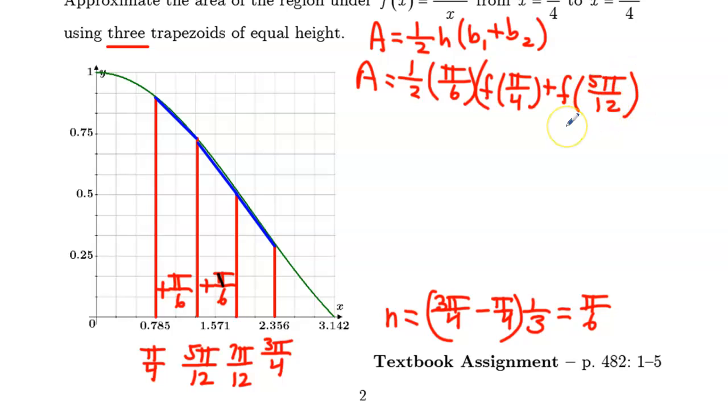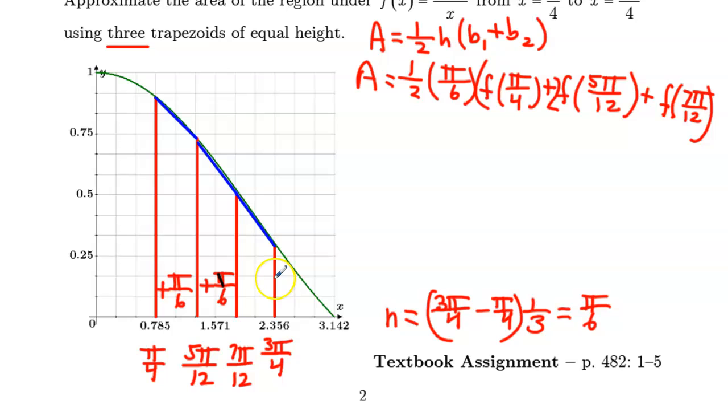From doing a trapezoidal approximation previously, I know that when I go to the second trapezoid, I'm going to have to add 5 pi over 12 again. So I might as well just call this 2 f at 5 pi over 12. And then I can continue with the right-hand side of this trapezoid. So that'll be plus f at 7 pi over 12. Did you notice that little subtlety where I left a bit of space between the plus and the f? Because I know that I'm going to have to count this side again. So plus f at 7 pi over 12.